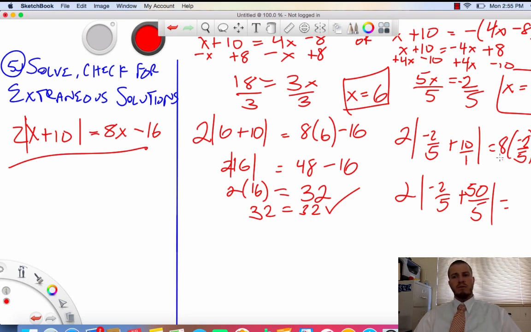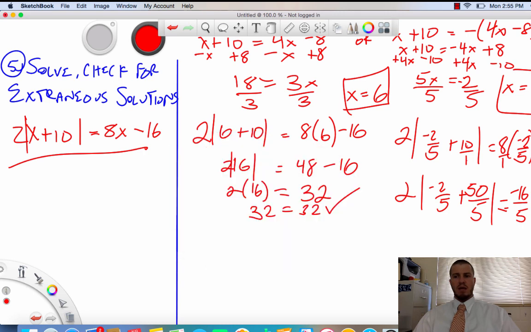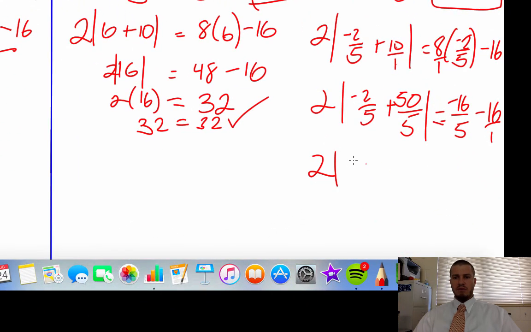Multiplying a whole number with the fraction, you can make them both fractions. 8 over 1, multiply straight across. So this is going to be negative 16 over 5 minus 16. I'm going to have to get a common denominator here again to combine those. 2 times the absolute value of 48 over 5, and that becomes positive 48 over 5.